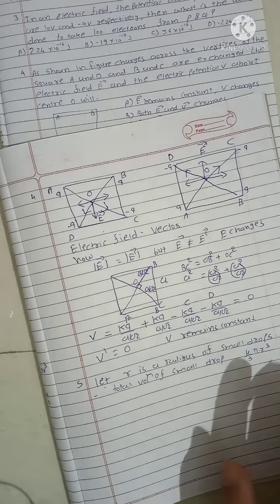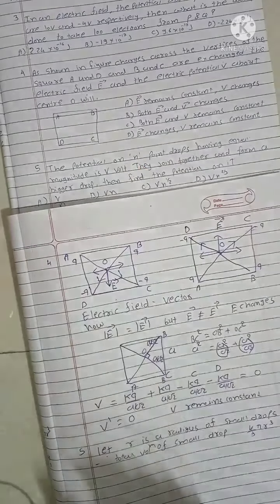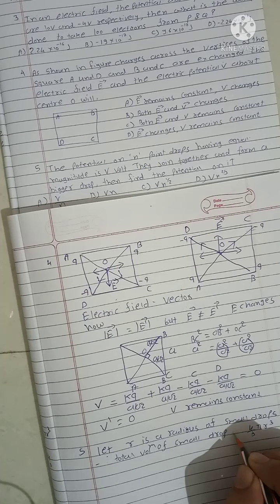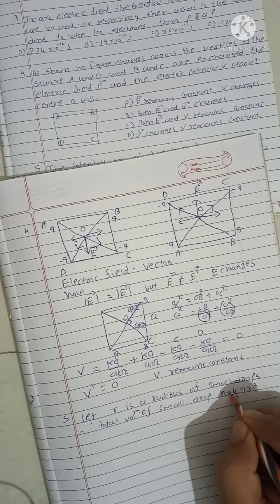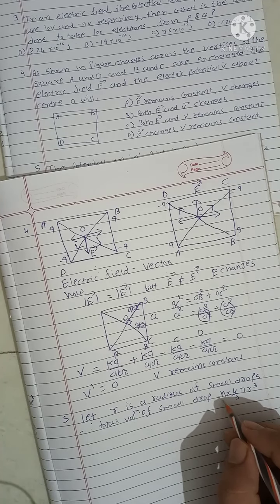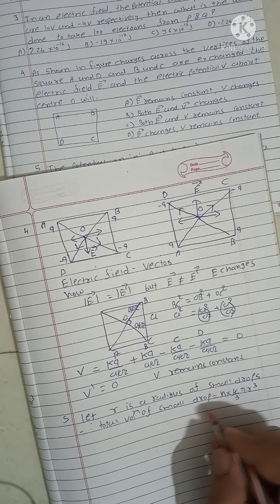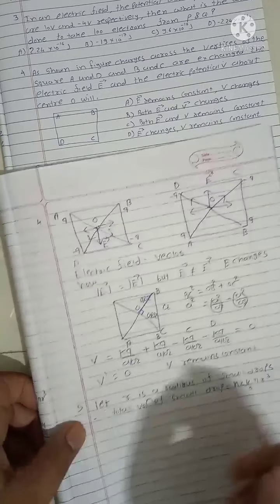But wait, here actually there are total n point drops, so the total volume becomes n times 4 by 3 pi r cube, as 4 by 3 pi r cube is only for one drop, but there are n drops, so the total volume becomes n into 4 by 3 pi r cube.